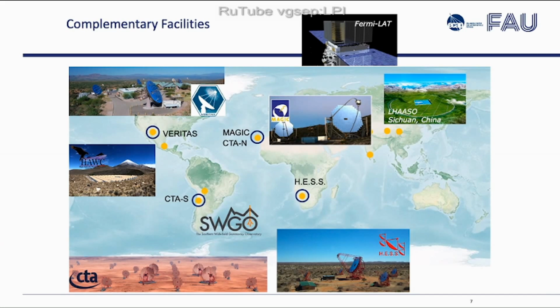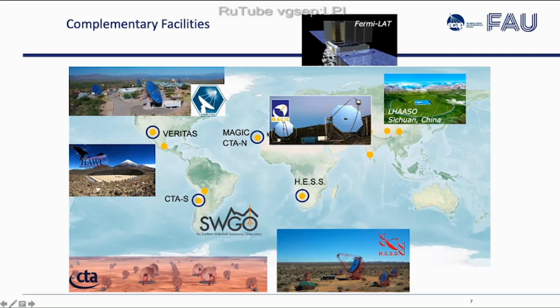This stereoscopic reconstruction of a shower with more than one telescope gives us a better directional reconstruction than just having one telescope on its own. So we have HESS in Namibia, which comprises 5 telescopes of 2 different sizes. We have MAGIC, which is 2 telescopes on the island of La Palma in Spain, and VERITAS, which is 4 telescopes in Arizona in the US.